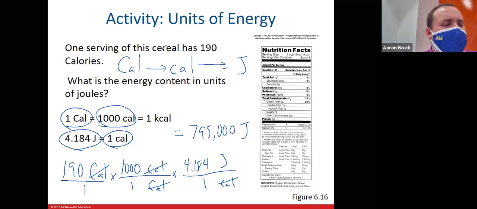And so in this problem, we can see one of the major issues that we have with joules. A joule is not a very large amount of energy. If a single serving of cereal contains nearly 800,000 joules, that's before you even put milk on it, then we're talking about a pretty considerable amount of energy in terms of how small that particular unit is.